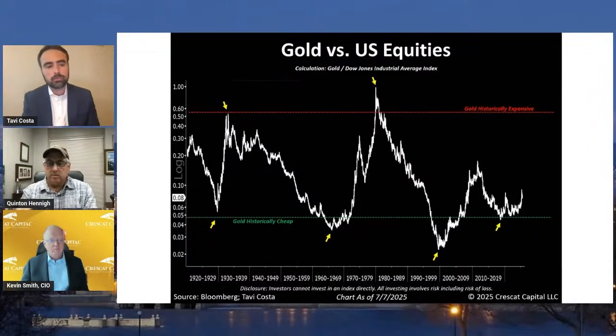Well, you can look at the gold versus the U.S. equities ratio, and gold is still very close to that undervalued or cheap, historically speaking, level. And so I suspect that we're also at the initial phases of something that will take a very long time to unfold as well. And so to me, this is one of the most attractive industries to be deploying capital into. Obviously, our views, obviously.